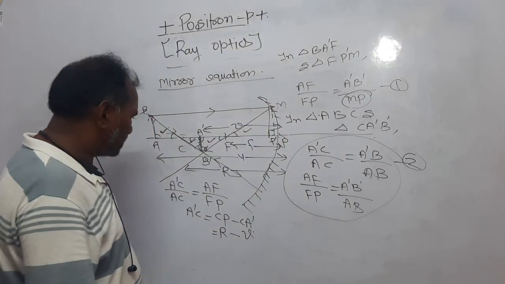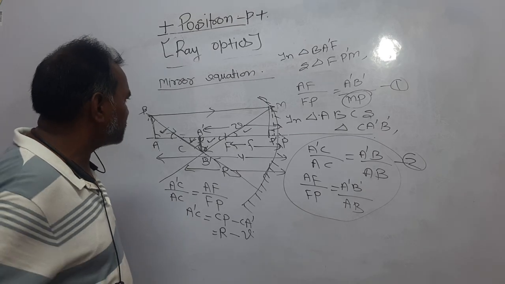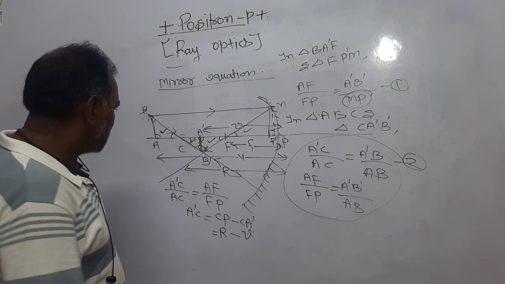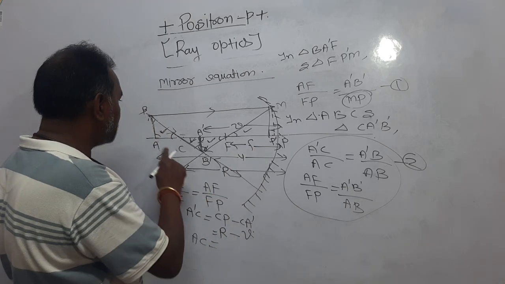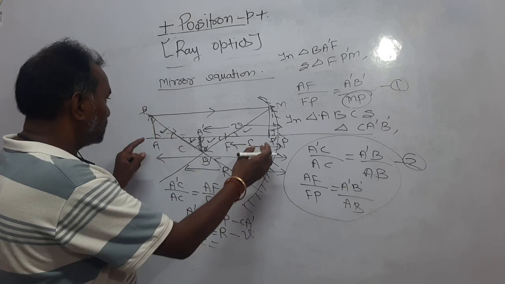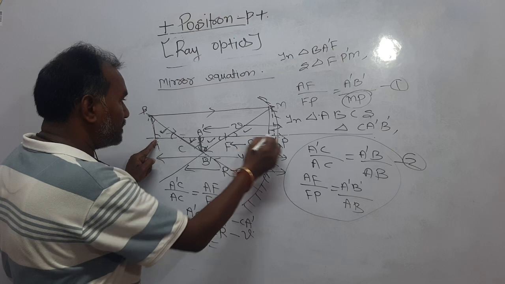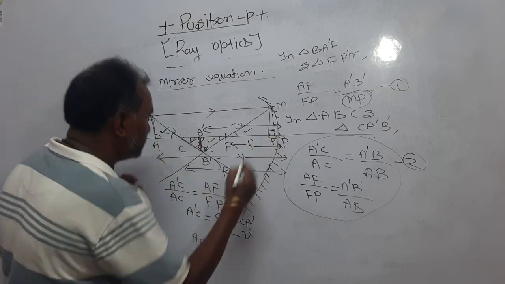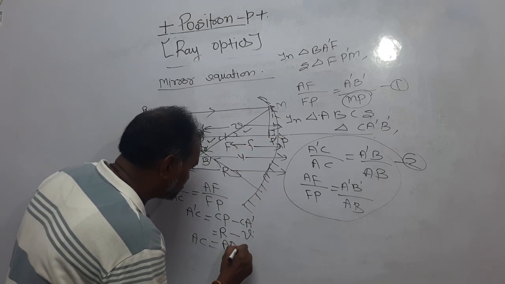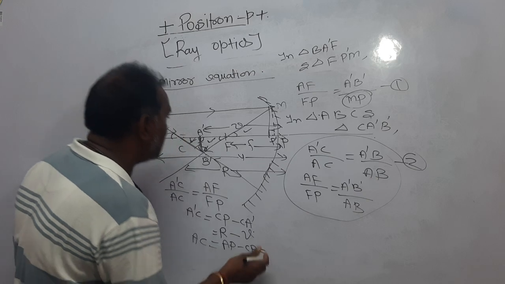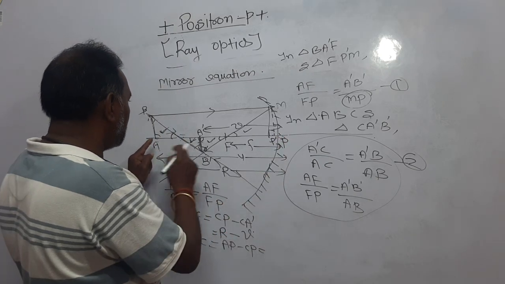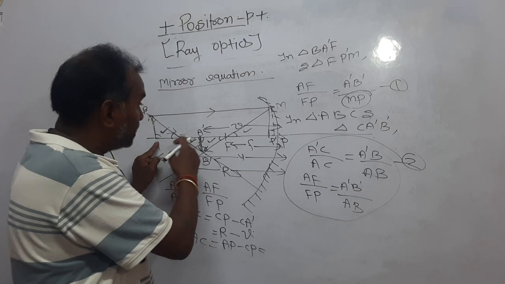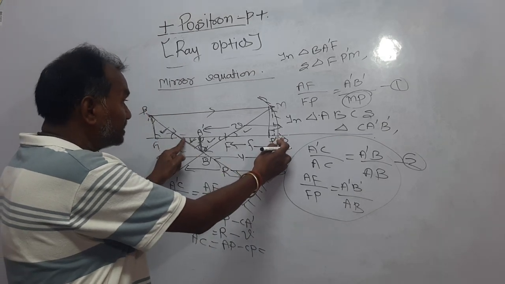Now, dear students, this A dash C is equal to that much, and now what is AC? AC is AP minus CP.